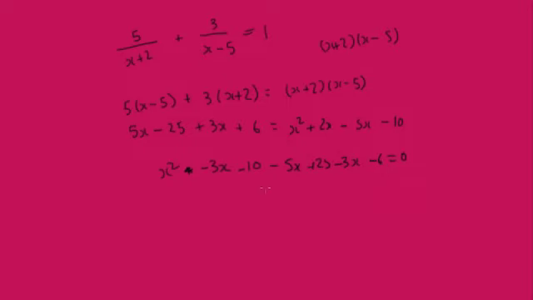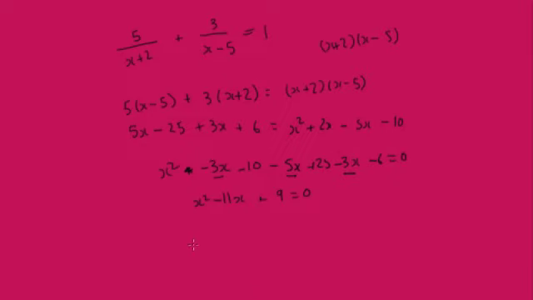Let's gather the rest of the terms together. So the x terms, minus 3 minus 5 minus 5, is going to be x squared minus 11x, then we've got minus 10 plus 25, which is going to be 15, minus 6, which is going to be plus 9 equals 0.